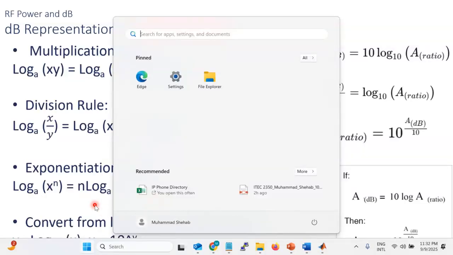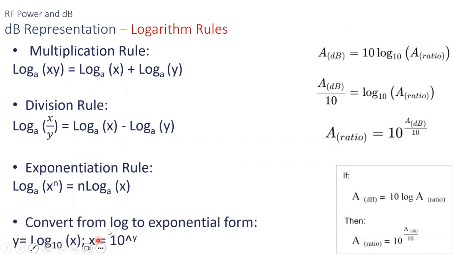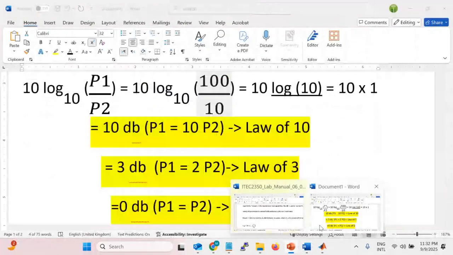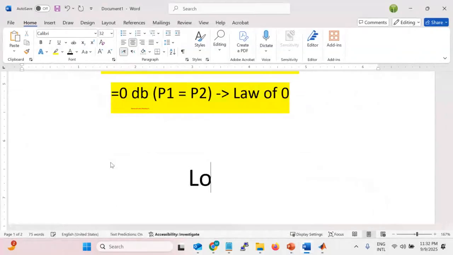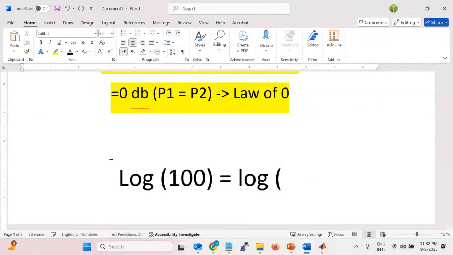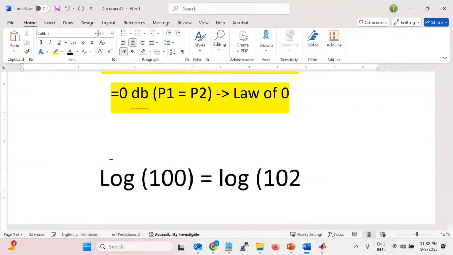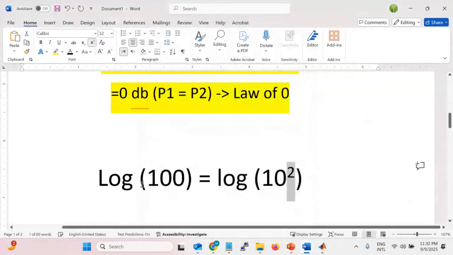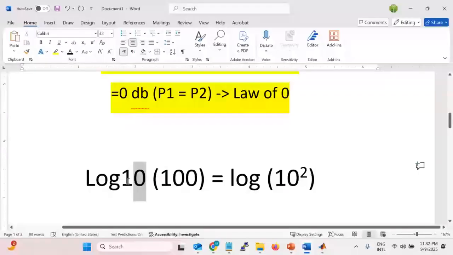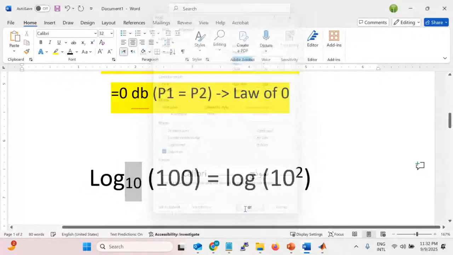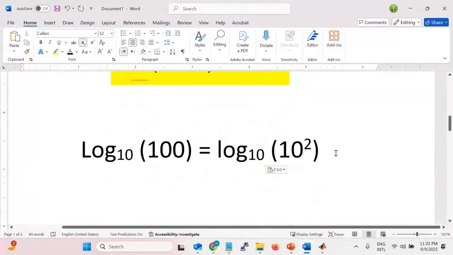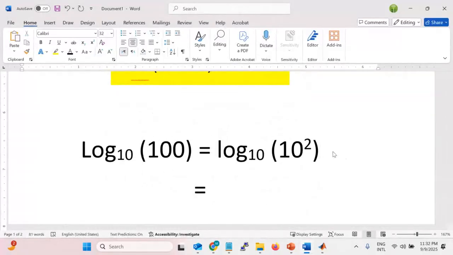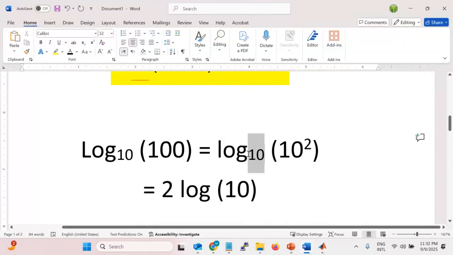For example, I will give you an example. Log of 100 equals log of 10 power 2, equals 2 log 10.